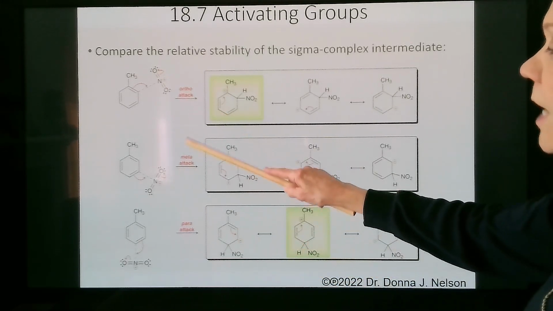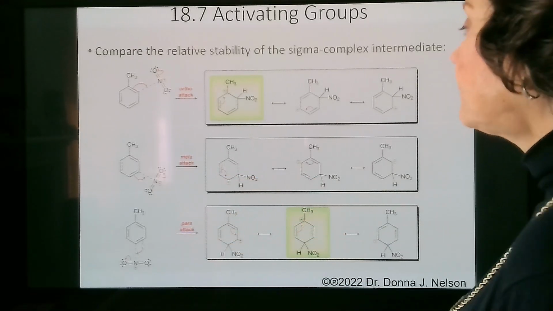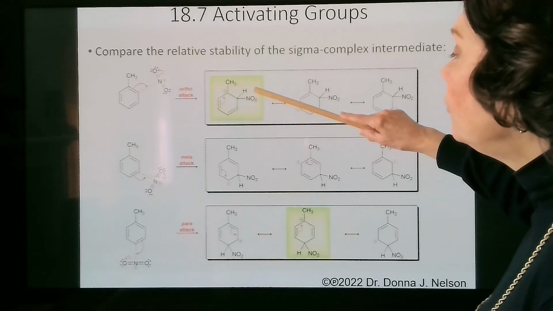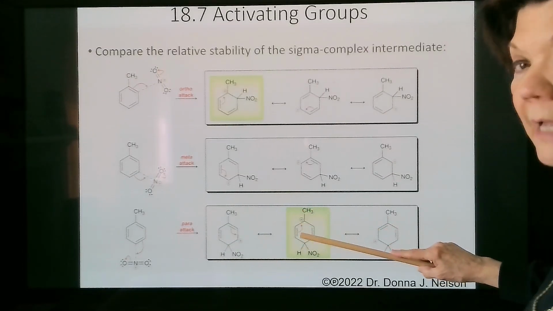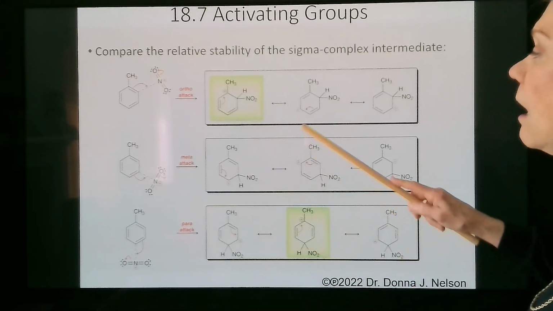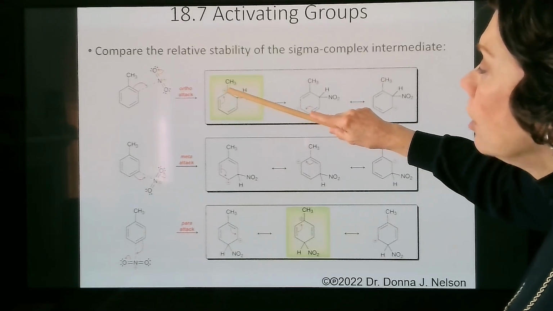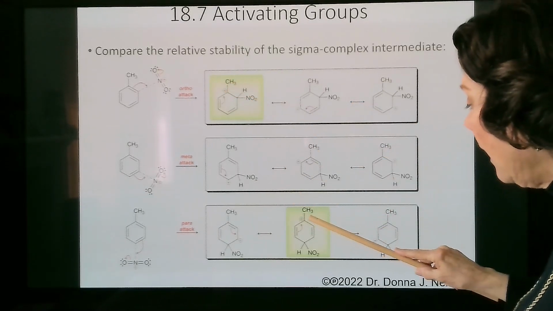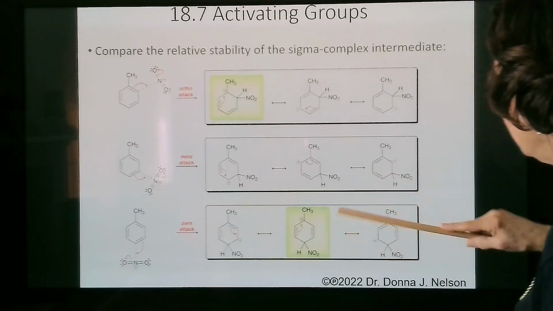So this is ortho attack, meta attack, and para attack. You see two of these are outlined in green. And so why are they highlighted? You'll notice that here there's a positive charge at the carbon bearing methyl, and here there's a positive charge at the carbon bearing methyl.